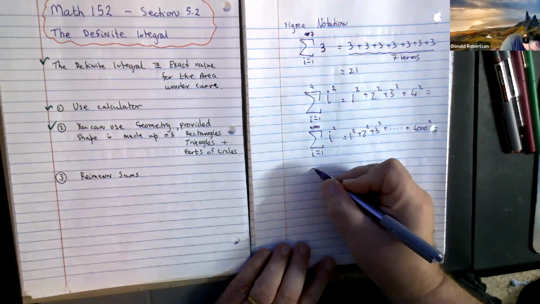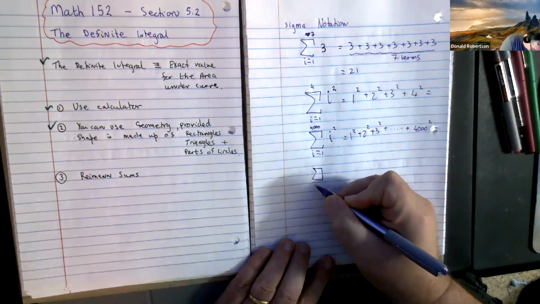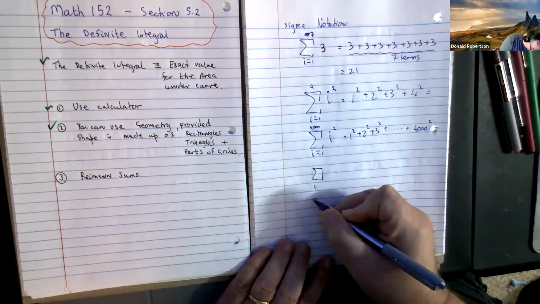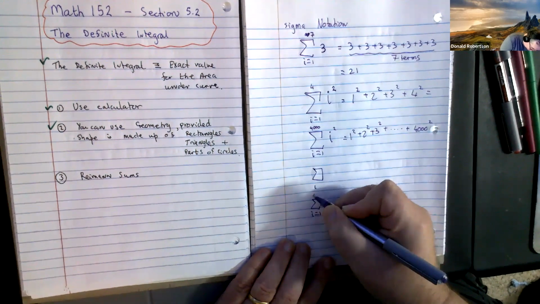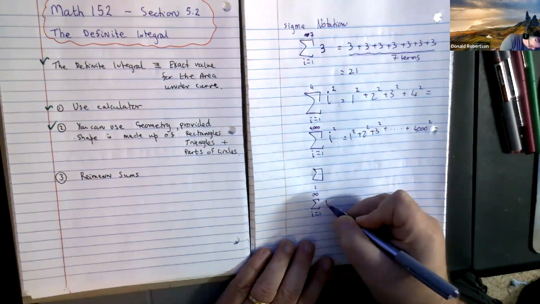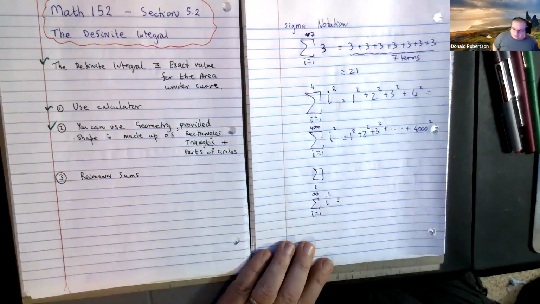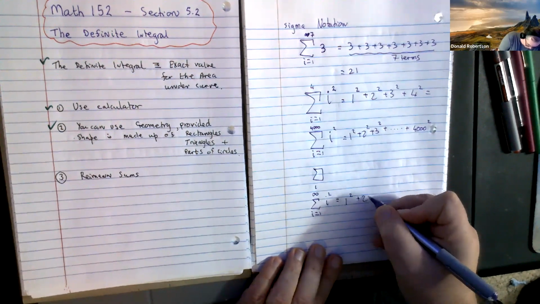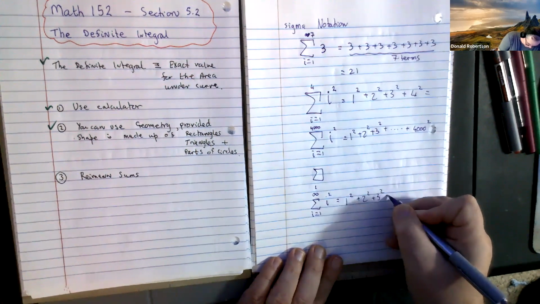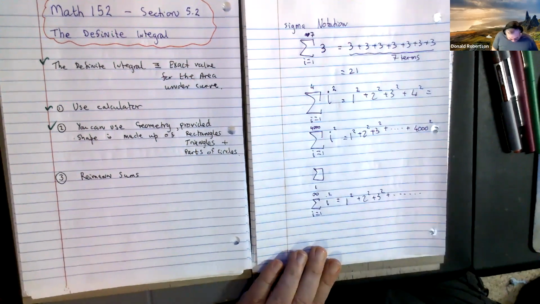But you can take it even further than that. Oops. Somehow my sigmas joined together. You can go i equals 1 to infinity of i squared. Which means what? 1 squared plus 2 squared plus 3 squared forever.